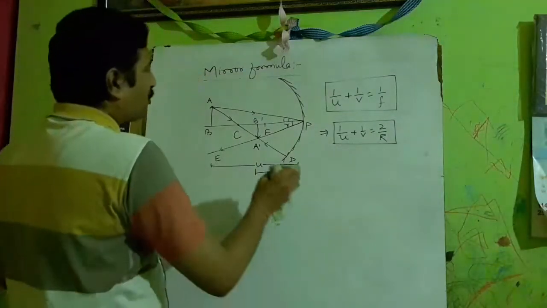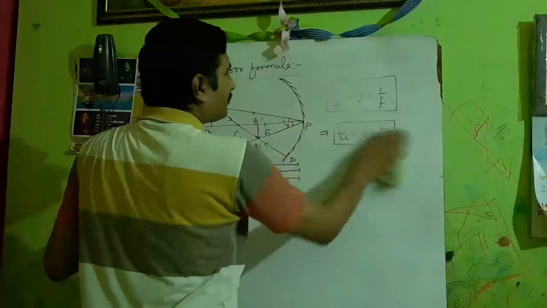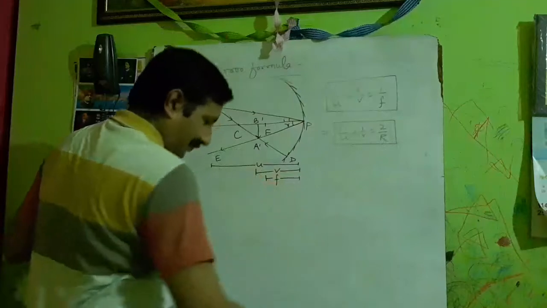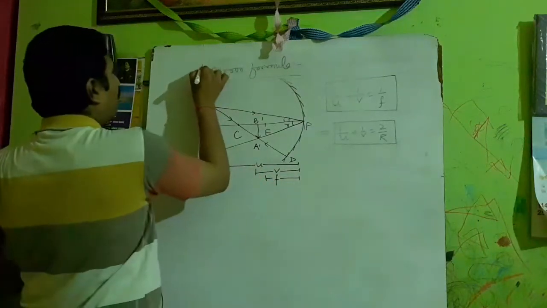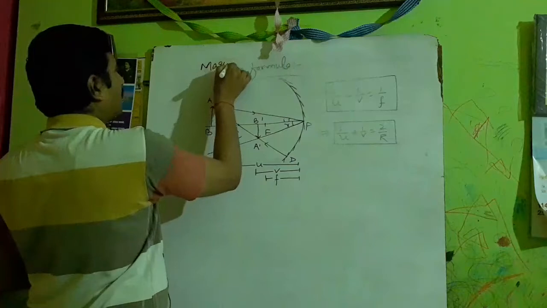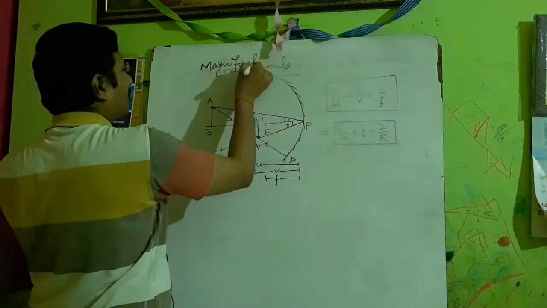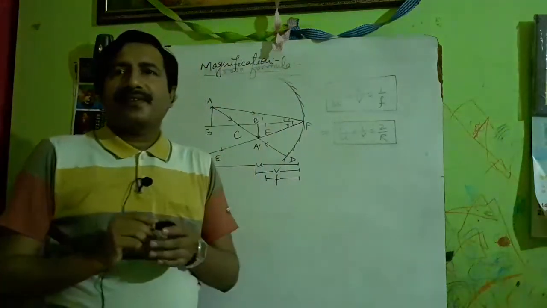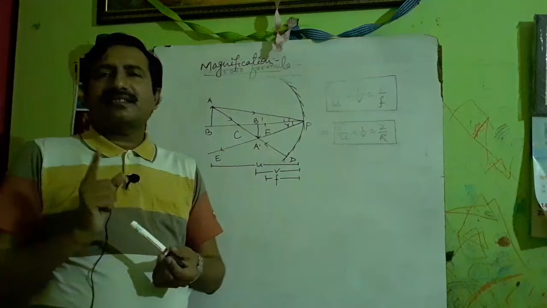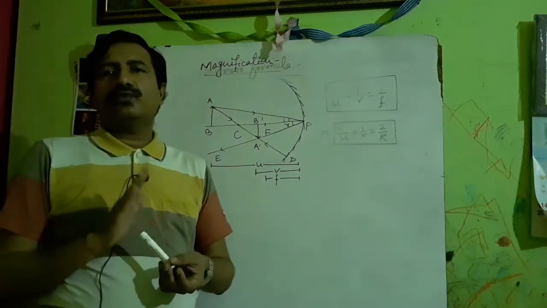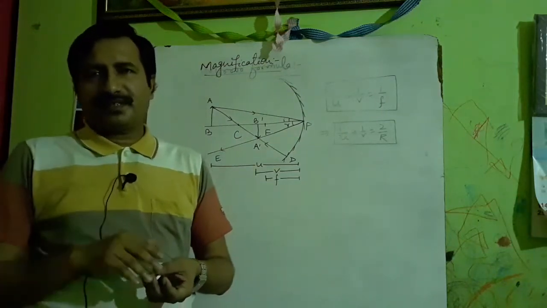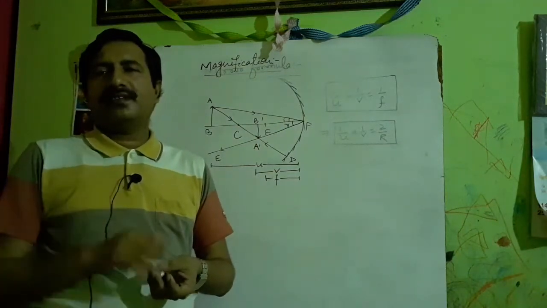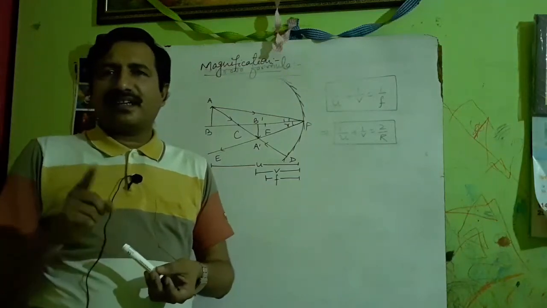So let us discuss magnification here. You can write down, it is the ratio of the size of the image to the size of its corresponding object.